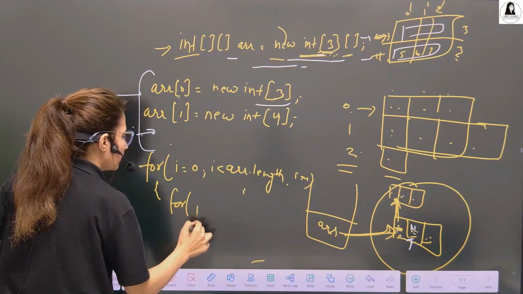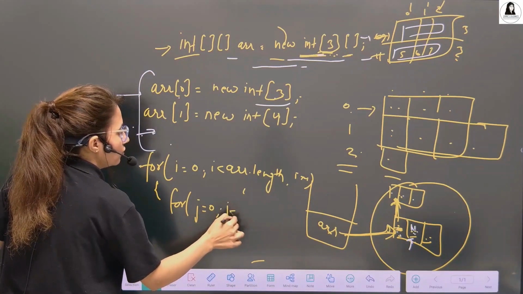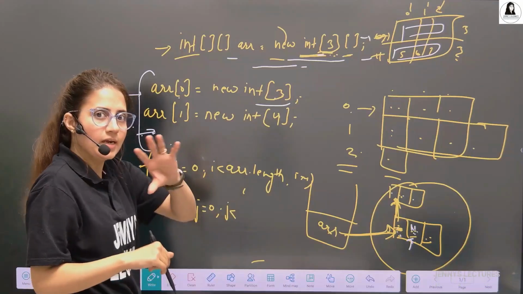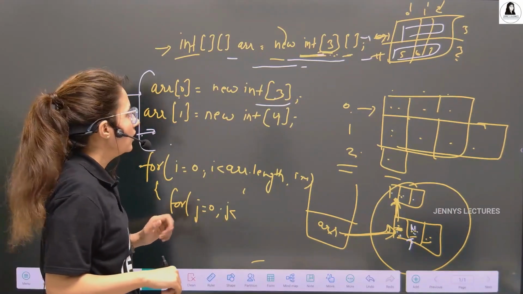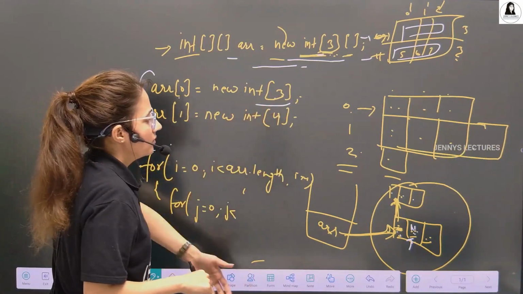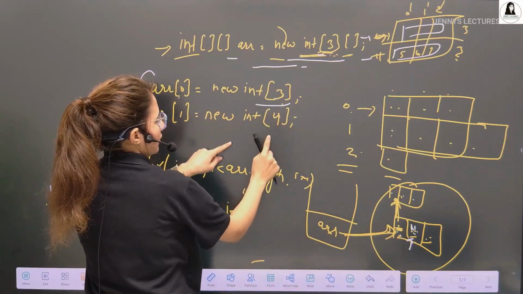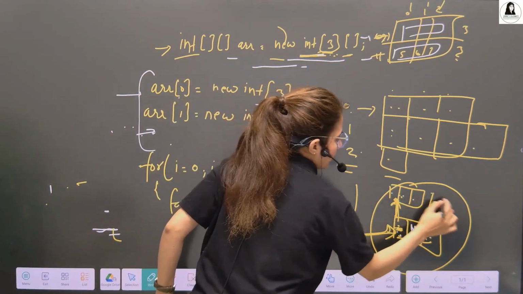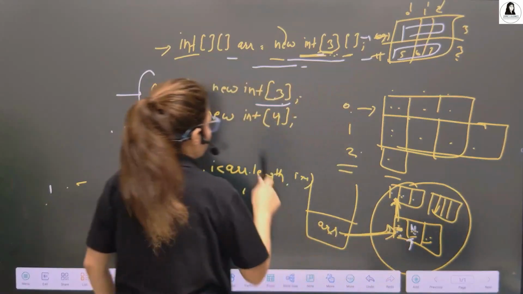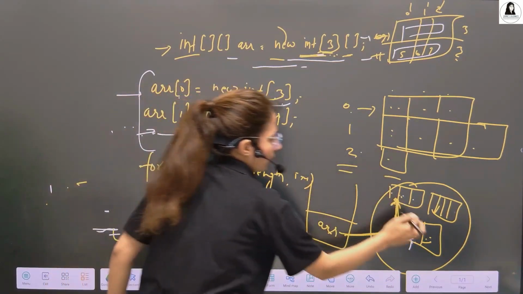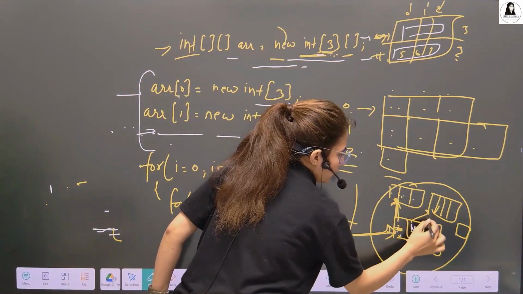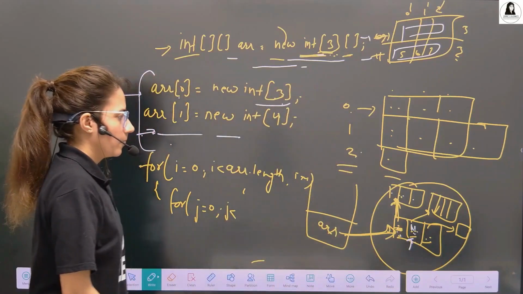What about inner loop? J is equal to 0. J less than what? Now J handles the number of columns, we know. But number of columns in every this 1D array is different. For first, it's 3. For second, it's 1, 2, 3, 4. For third, suppose there is a third one, it's 1. It is pointing to this, it is pointing to this.